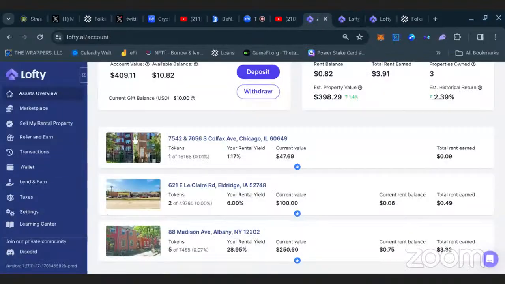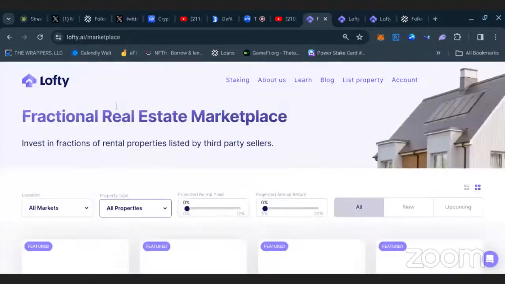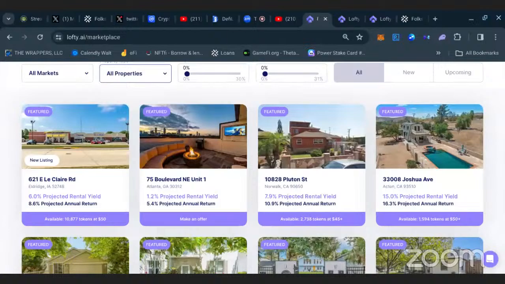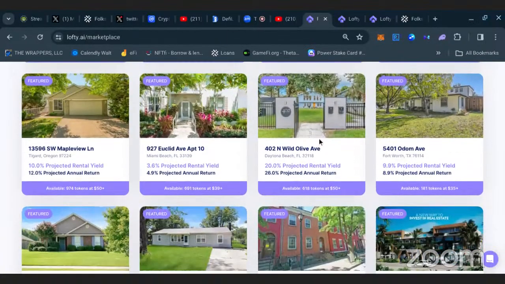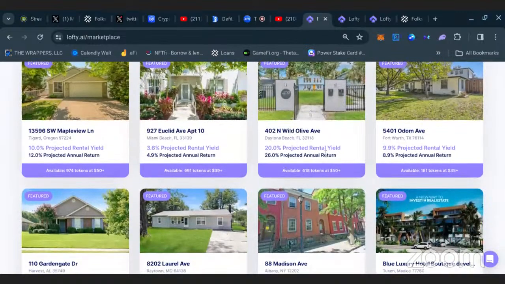So the next property that I'm thinking about getting is between these. I think this is one of them I was looking at, because I'm looking at the projected rental yield.